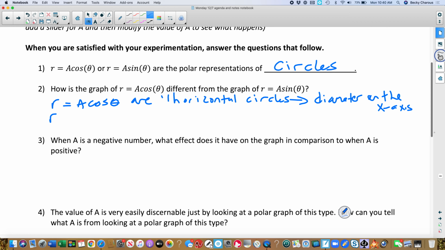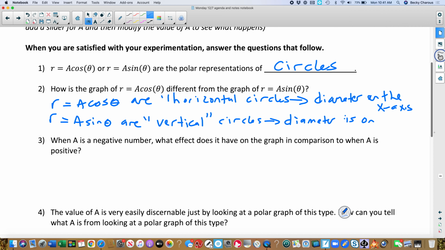And r equals a sine theta, I'm just going to say vertical circles, even though that's not technical, but we understand what that means, right? By that we mean the center is on the x-axis and the center is on the y-axis. I think that's better. Okay, does that make sense?